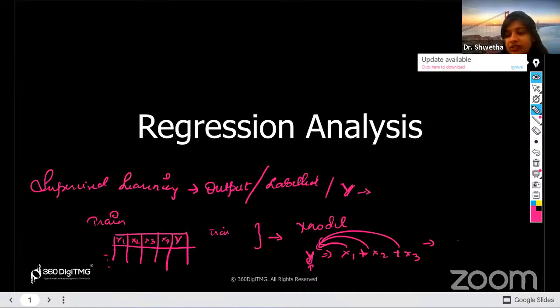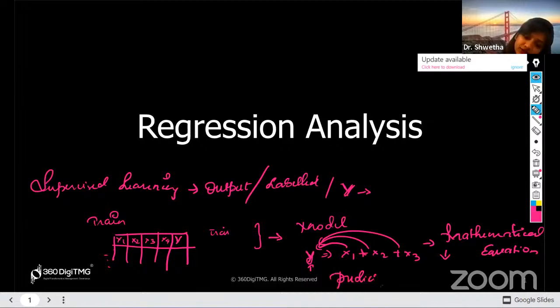And then the model will give us a mathematical equation so that we understand the relationship between these two. Based on this equation learned, the model will be able to predict on the new data. This is the outline for supervised learning.